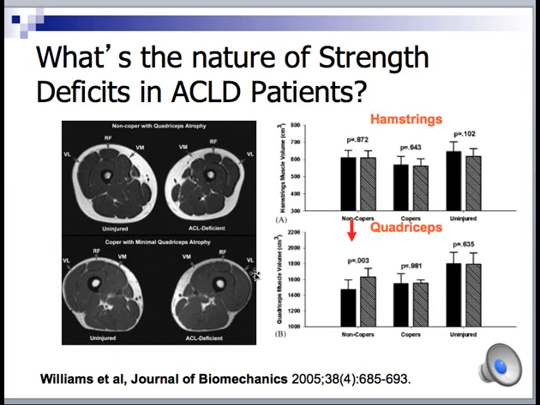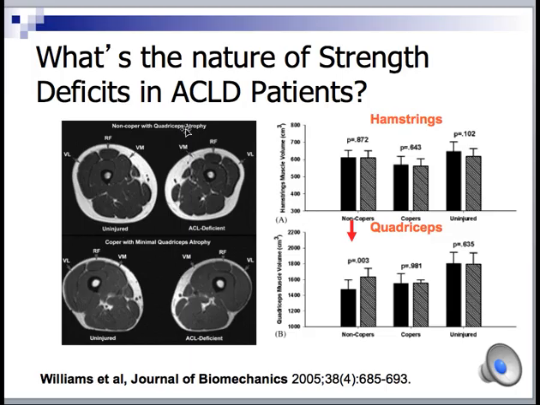Okay, so this is another example of integrating elements from the research, the muscle design lecture, and neural activation. After some patients who have ACL injuries, which is a very powerful ligament in the knee, decide to live with instability for some period of time.